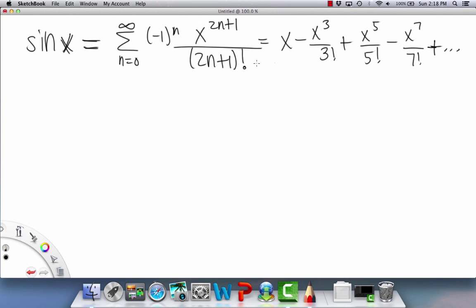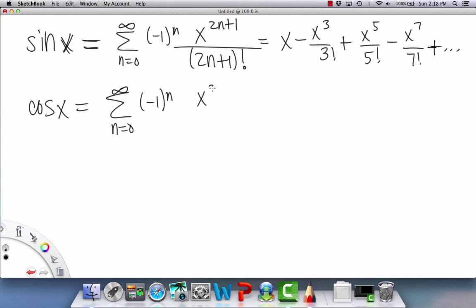That's why we're only left with the odd terms here. So this was kind of an odd function thing. But cosine is only going to retain the even ones. So this is like the opposite of sine, basically.